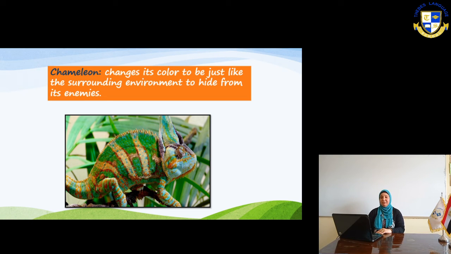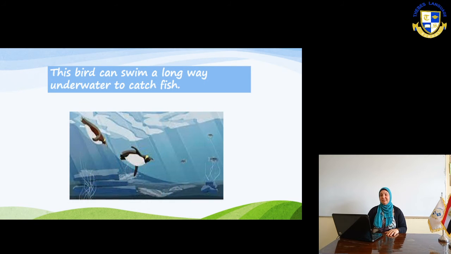This is a chameleon. In the next slide, you will see the penguin. A penguin is a bird, but it doesn't fly. It swims for a very long distance to catch fish. And in the next slide, you will see the polar bear. This animal has developed a layer of fat to keep it warm in cold climate.